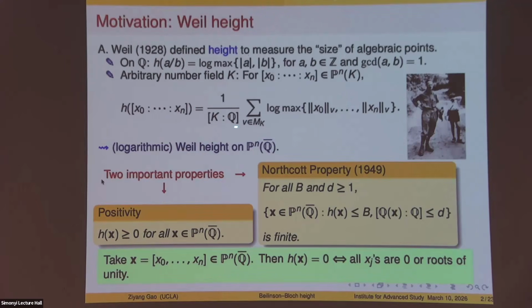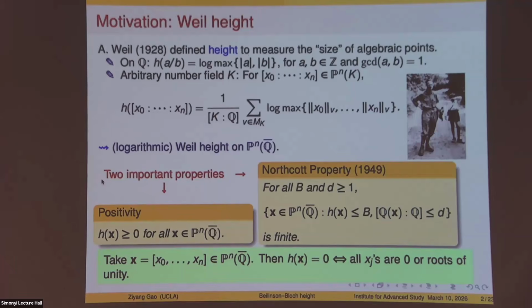So this is well defined. You can check it using the product formula. And we do this normalization: we divide by the degree of the number field so that it will not depend on the choice of the number field that we choose. You can do the computation in K or in any finite extension of K. So this function is then well defined over P^n of Q-bar, all the algebraic points on P^n, and this is what we call the logarithmic Weil height.